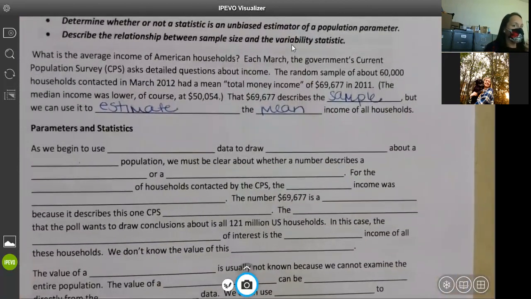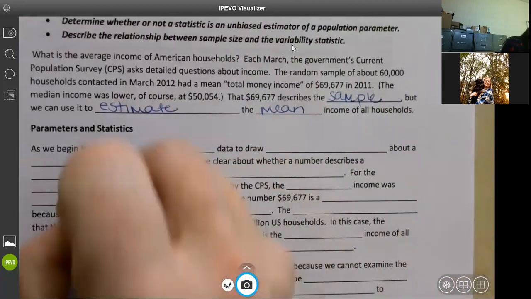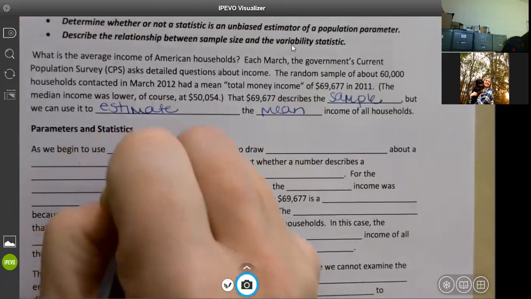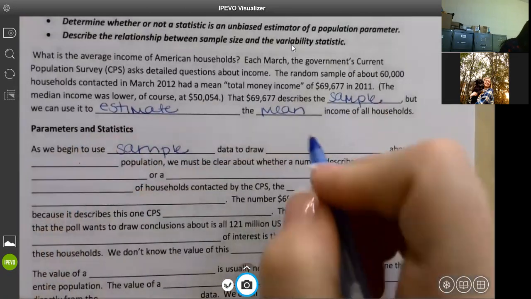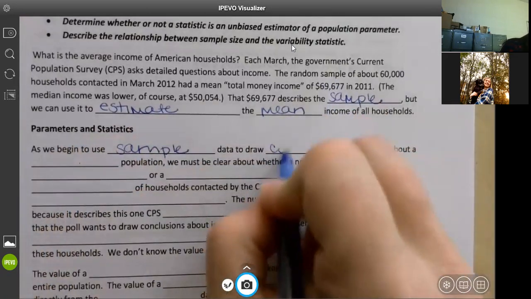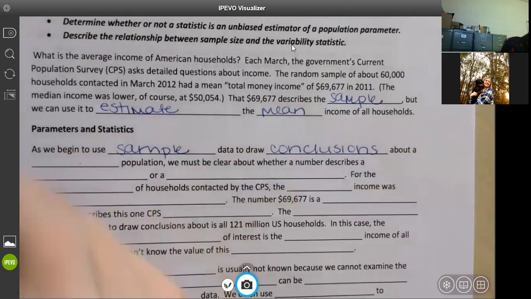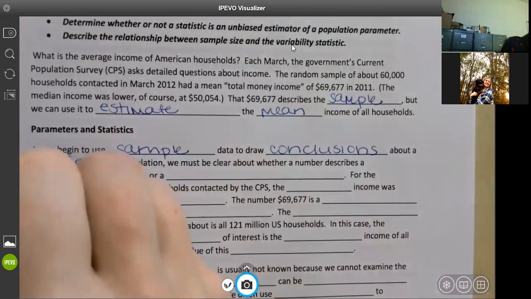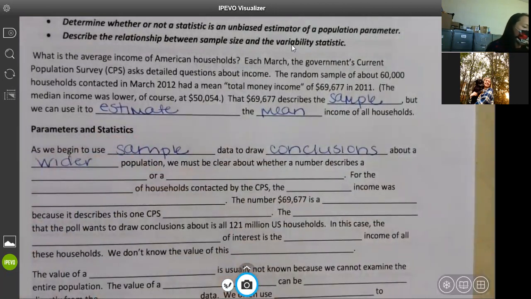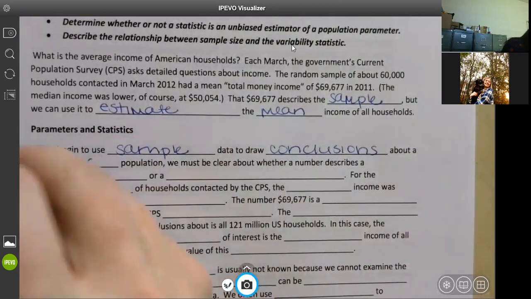So, parameters and statistics. As we begin to use sample data to draw conclusions about a wider population, we must be clear about whether a number describes a sample or a population.